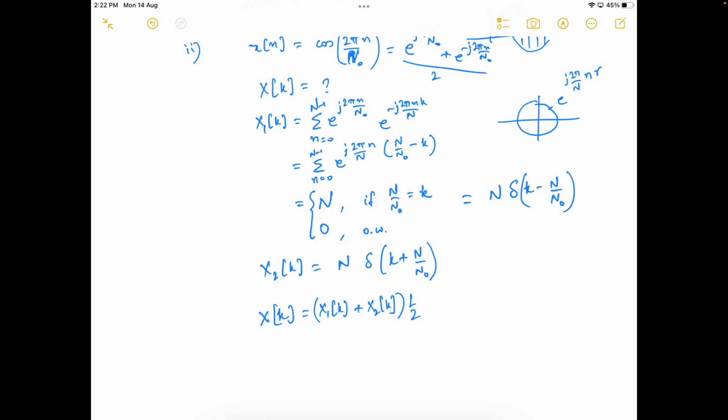Depending on N upon n naught, it could be a fraction also. Let's say k is 0. Then I'm just taking all the vectors on this circle and adding them up. Their sum will definitely be less than capital N.